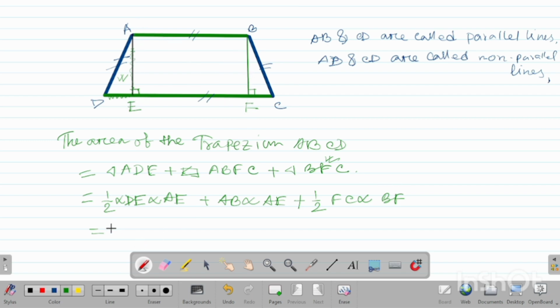So half of DE multiplied by AE plus AB multiplied by AE plus half of FC multiplied by AE.